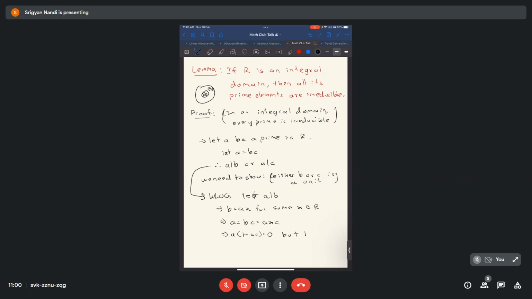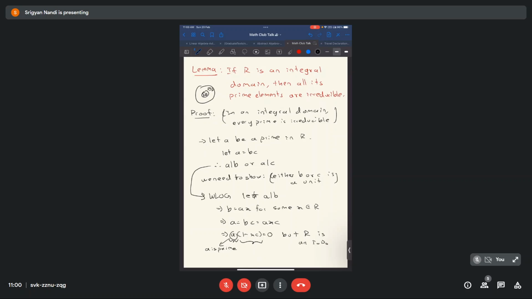But R is an integral domain. So when we have a product A into something equal to 0, we should either have that A is equal to 0 or 1 minus XC is equal to 0. But we cannot have A equal to 0 since A is a prime.